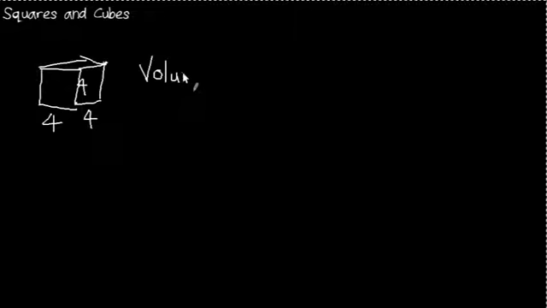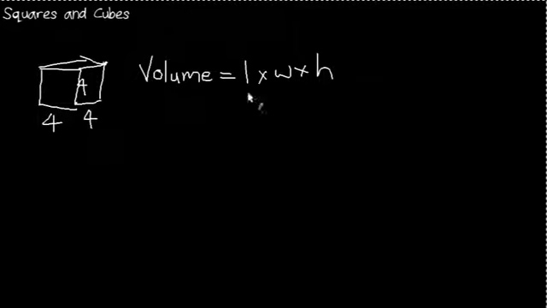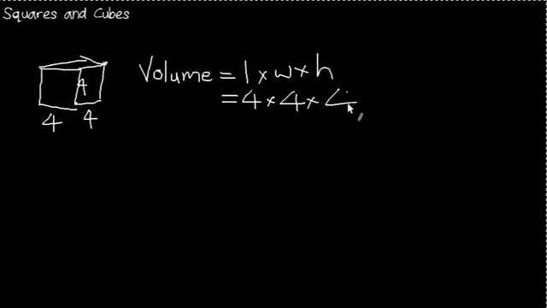In other words, what is the space inside of that cube? What is the space inside of that box that's shaped with all equal sides, all equal faces? Well, we know that the volume is the length times the breadth, or width, times the height, and all of those measurements are equal in a cube, so it's just going to be 4 times 4 times 4.